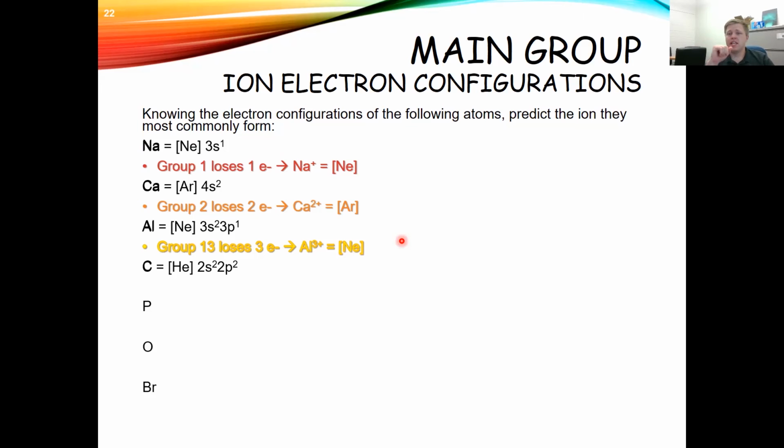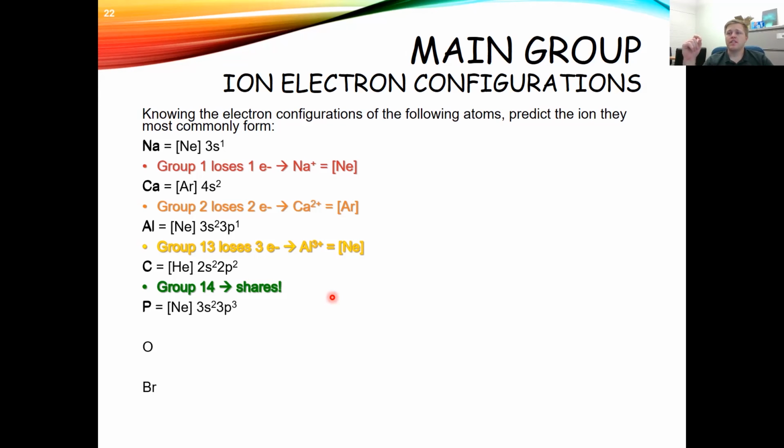What carbon actually does, though, is it doesn't really do either of those. It likes to rather share its electrons and form bonds. And that is actually one of the very important reasons why carbon is such an important element for life and for forming so many of the structures that we see. So it does not give up or gain electrons, it just shares electrons.